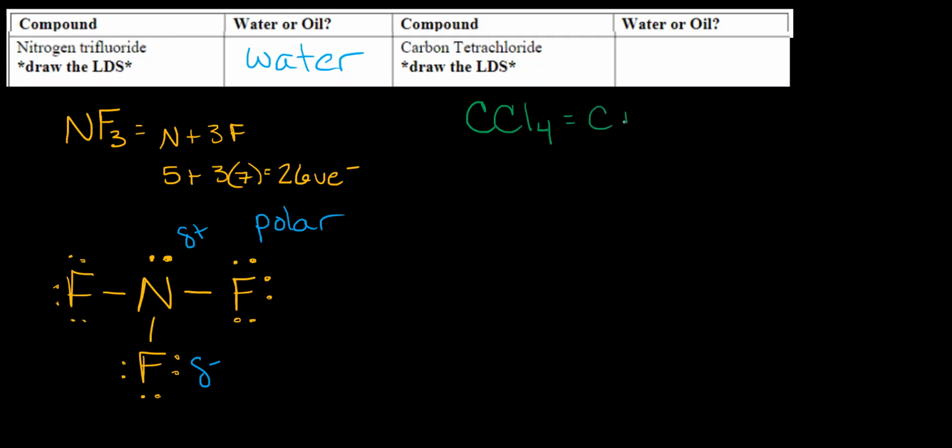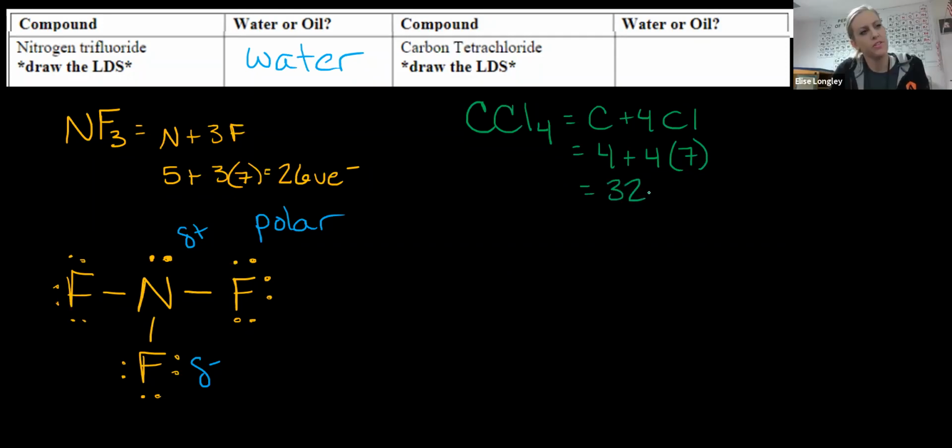Hold on, I need my reference packet again. Okay, so C had 4 valence electrons, and then Cl has 7, and then there's 4 Cl, so that was like 32 in total. Yeah, because there's 8 sets of 4, so there's 32 valence electrons.